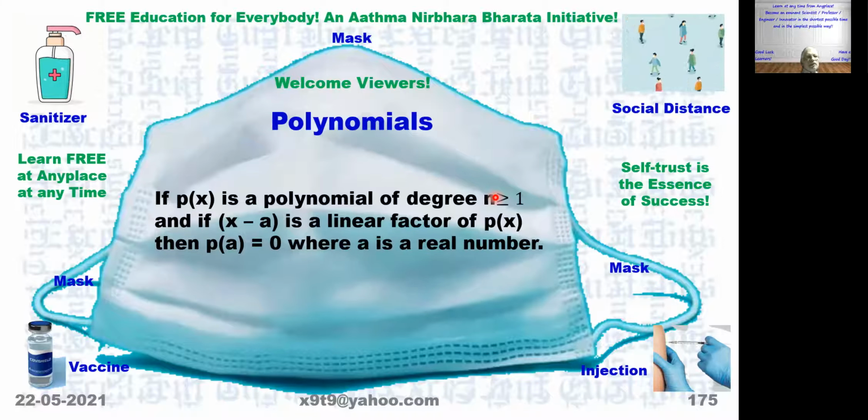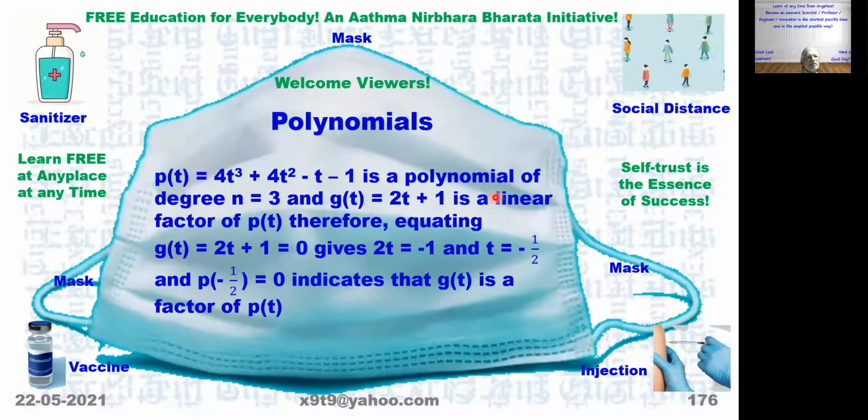So the general factorization theorem is: if P(x) is a polynomial of degree n greater than or equal to 1, and if x minus a is a linear factor of P(x), then P(a) is equal to 0, where a is a real number.